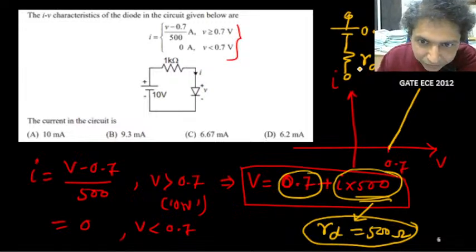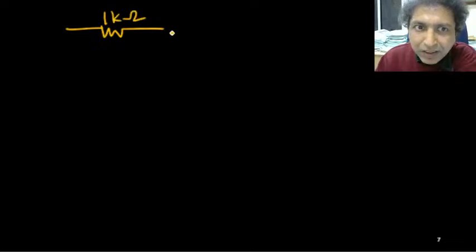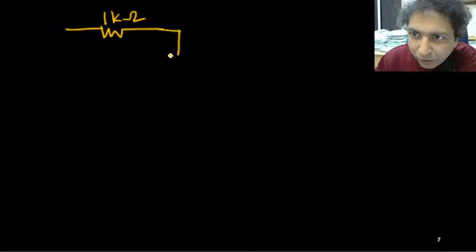Okay, so can I solve it now? Can you solve it? So this circuit, this is 1 kilo ohm and this diode I can now replace. I'll assume that the diode is on, meaning more than 0.7 volt will appear across it.